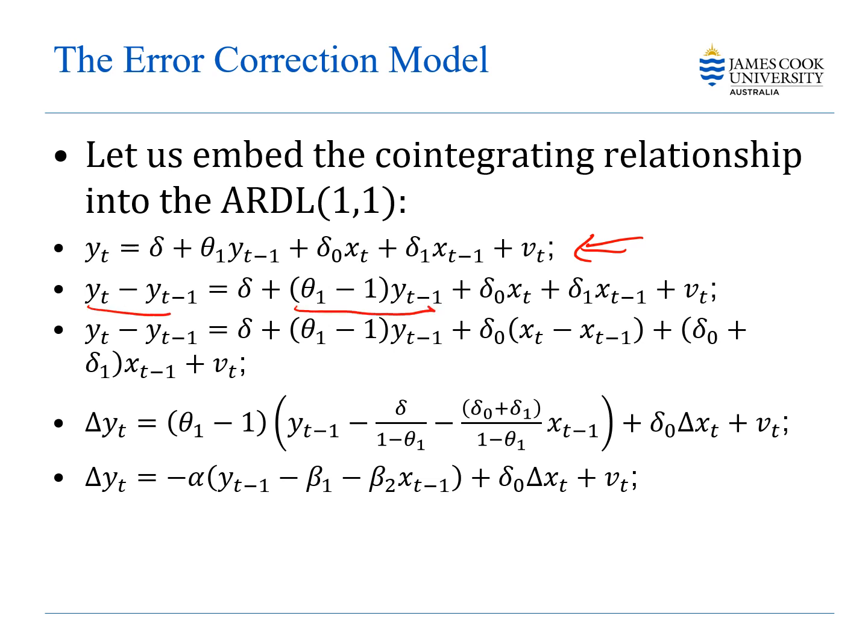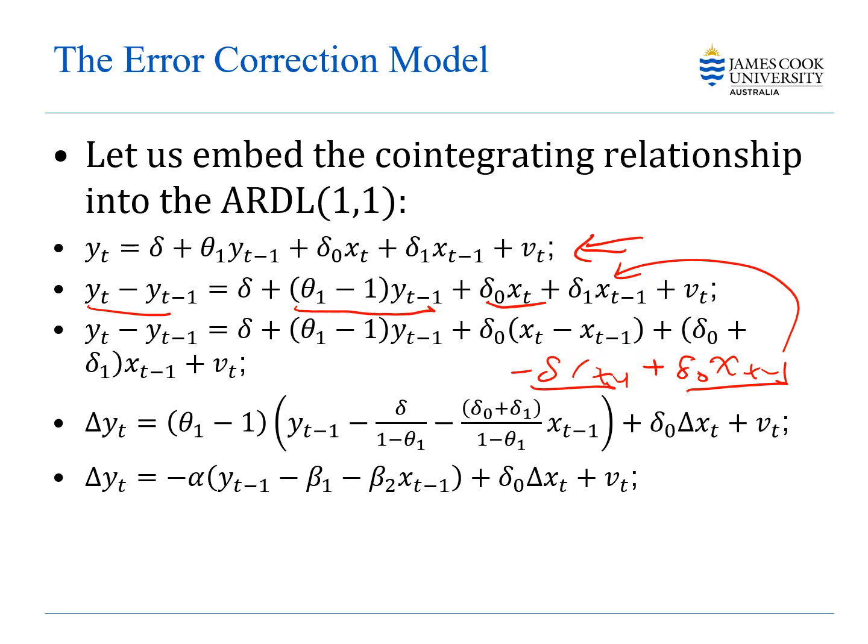Okay, and I'm going to add and take away delta 0 times xt minus 1, so it doesn't change anything. Combine these terms with these terms, we get delta 0 times xt minus 1, and these terms combined with these terms, we get delta 0 plus delta 1 times xt minus 1.